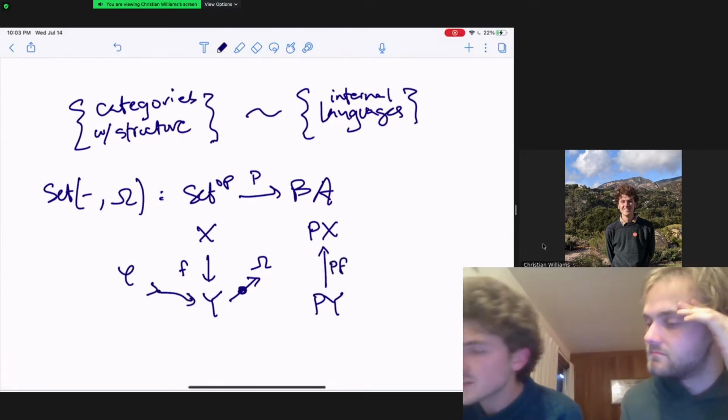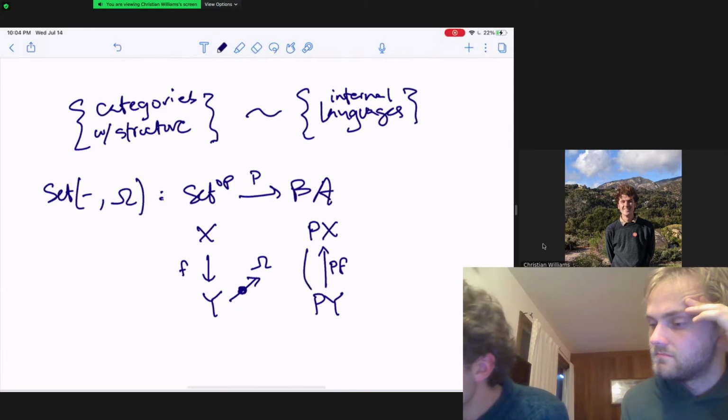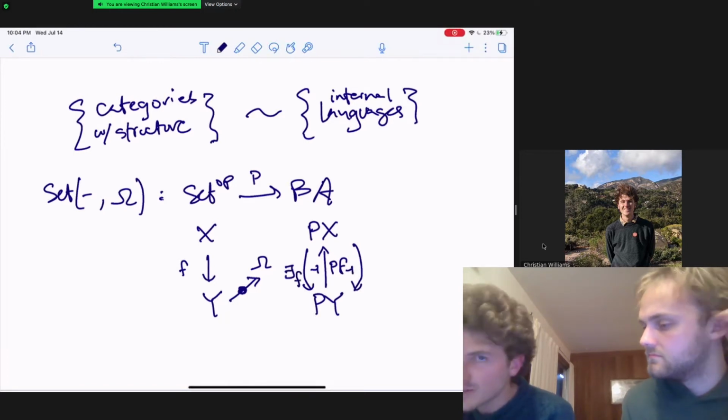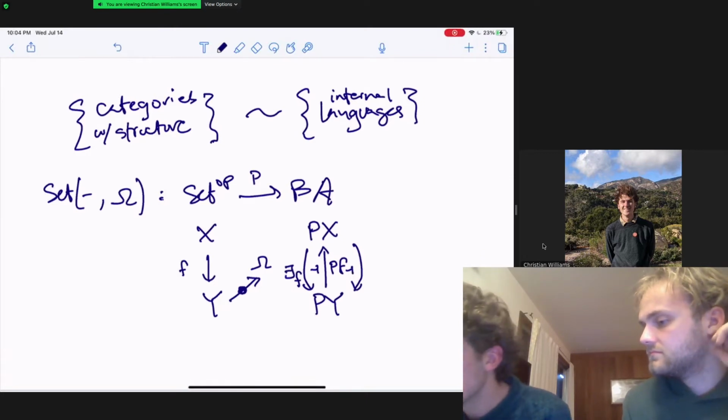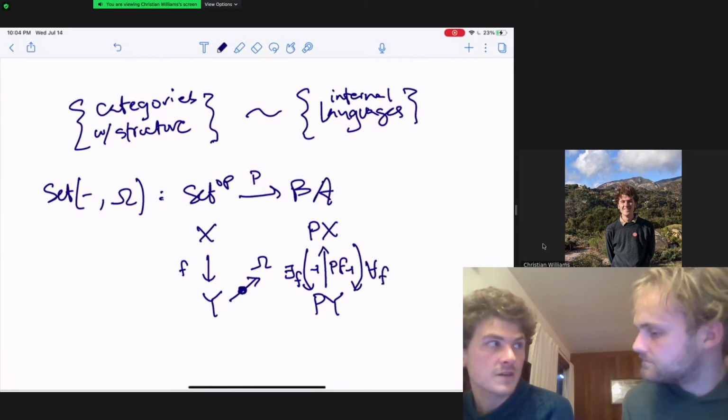So this is what the functor is doing. But the nice thing is that for every one of those, there's a left and right adjoint. What they turn out to be is a generalization of existential and universal quantification.